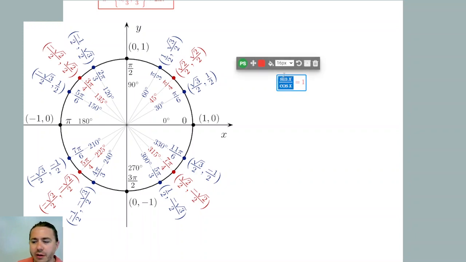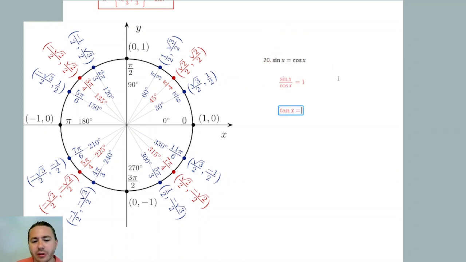How do I evaluate sine? I look for the y-coordinate. How do I evaluate cosine? I look for the x-coordinate. Well, what's y over x? That's actually tangent. So the big secret here is that sine divided by cosine is equal to tangent. And that's something we'll talk about next time.